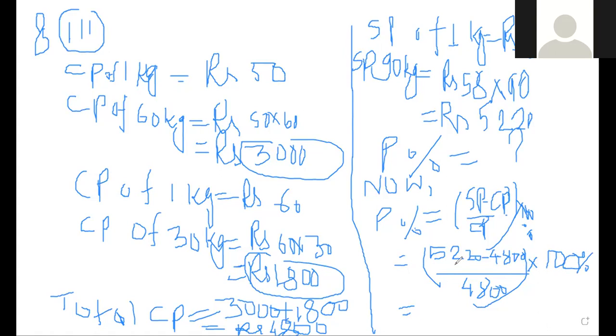Then you will get 420. 420 into 100 will be here. And this 20 cancels. And down, what is there? 48. If you divide 420 by 48, you will get the answer 8.75. The answer will come 8.75%.